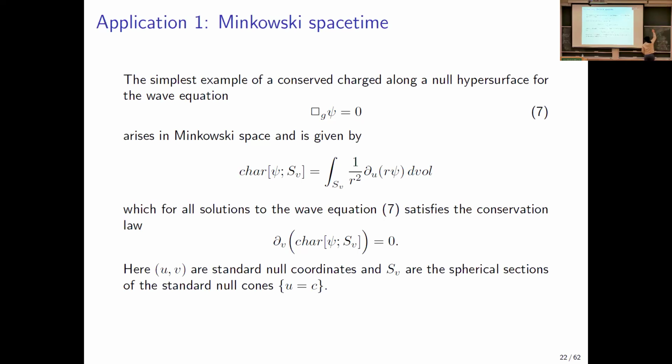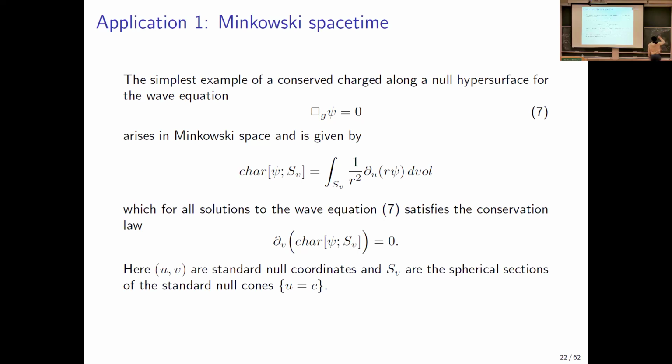Then the wave equation in Minkowski, and moreover, in spherical symmetry, zeroth angular frequency, is dv du of r psi equals 0, where r is the standard radius. That's the wave equation. So this is the outgoing null derivative, this is the incoming null derivative. What is the wave equation telling you?